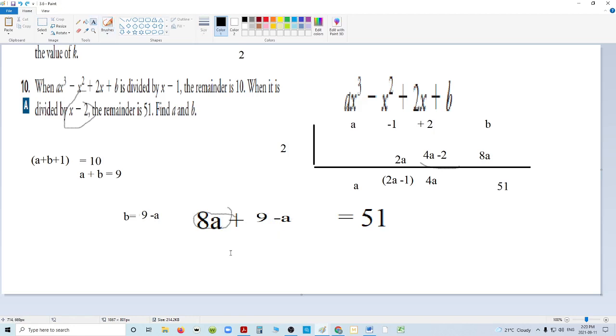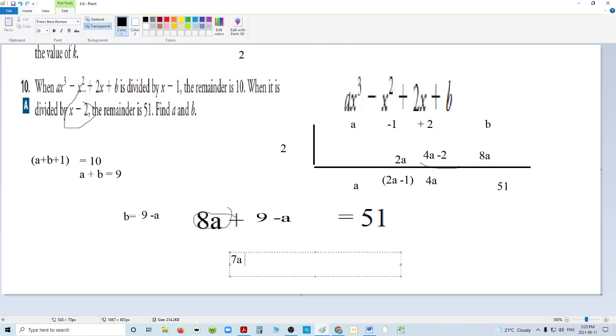So that comes to 7a is equal to 42, right? Which means that a, when I divide 42 by 7, I get 6. If a is 6, and I come back to here, b is equal to 9 minus a, I get that b is equal to 9 minus 6. Therefore, b is equal to 3.